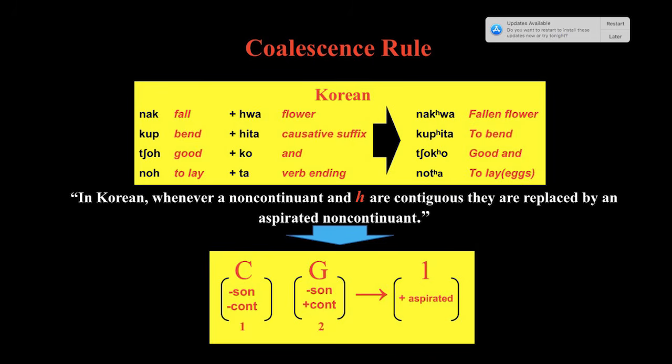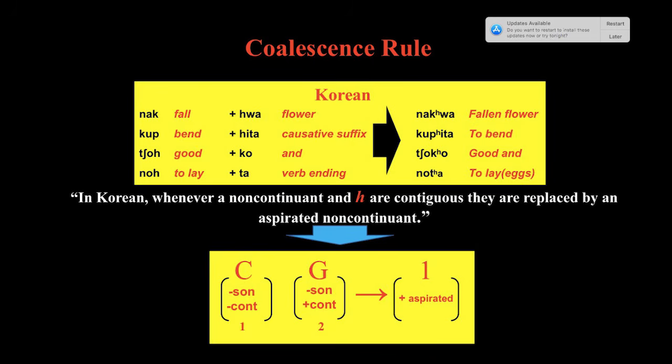Now, coalescence rule. What is coalescence? Let me remind you of this. When we say coalescence, we are talking exactly about when two sounds merge together, coalesce, and they are replaced by another single sound which shares exactly the features of the two.